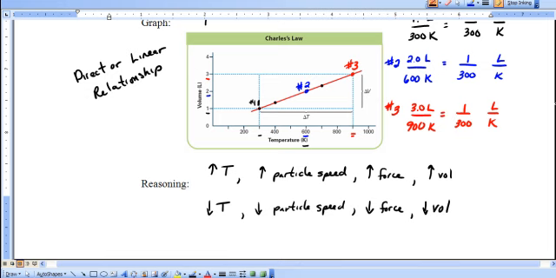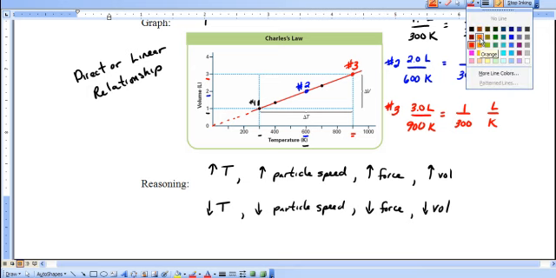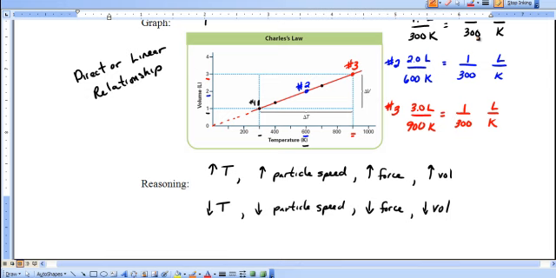Now, one of the relationships that's interesting with volume and temperature is that as you extrapolate this red line, let me go ahead and switch this over to red to keep this consistent, it points back to 0 degrees Celsius. And in fact, if you were to take other gases, I'm going to use some different colors so we don't confuse it with our previous examples.